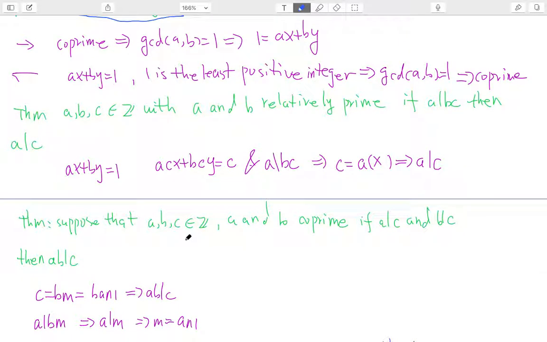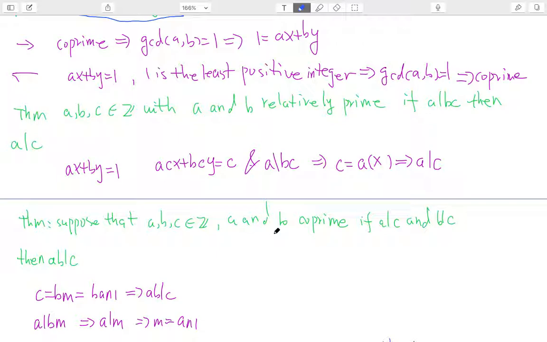And using this theorem, we can prove another theorem. So if A, B, and C belong to Z, the integers, and A and B are coprime, and if A divides C and B divides C, then A times B divides C. This condition, A and B are coprime, is important.